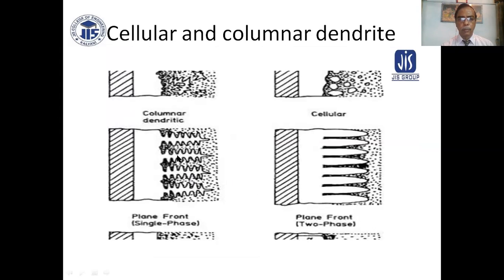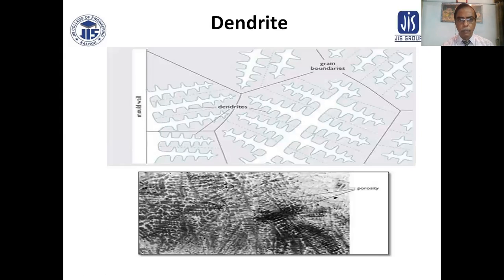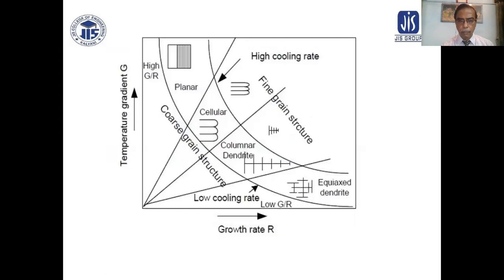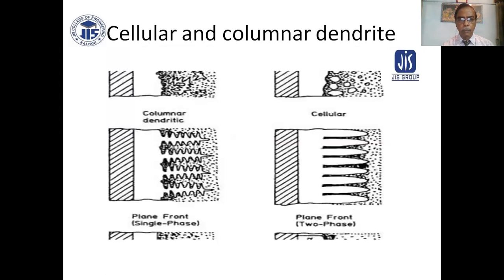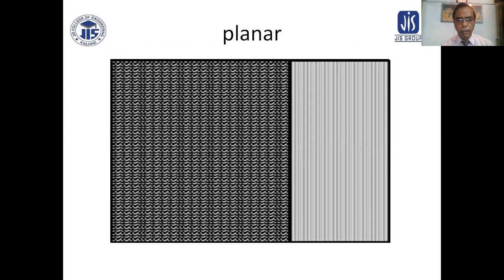This is columnar and this is cellular. This is another type, planar, where the phase simply changes.